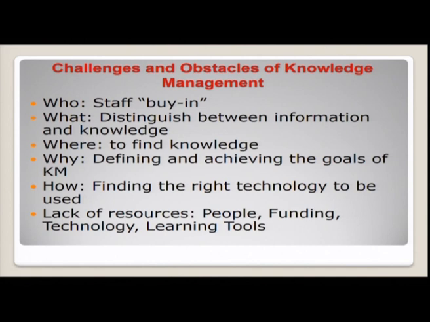Then where can we get the knowledge, where can we find the knowledge? As I said in the earlier slide, we can get the knowledge from published information, from theses, from reports, from archives. Wherever you learn, you get such knowledge. Then the why part, defining and achieving the goals of knowledge management.